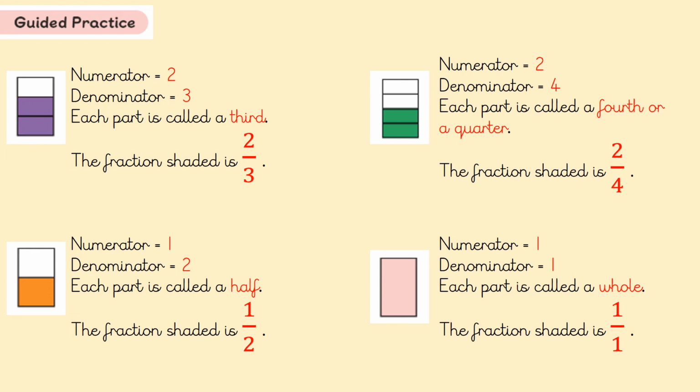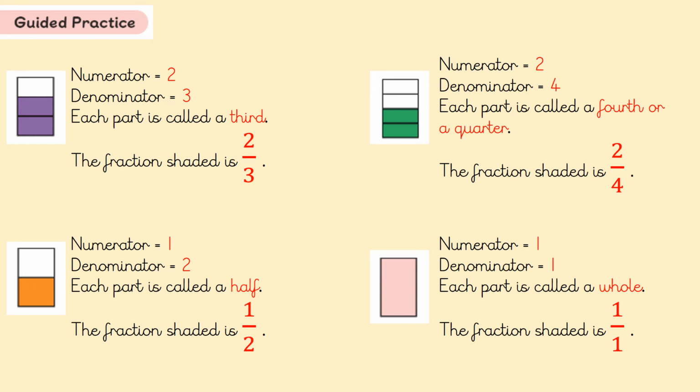We can go to the green shape now. The numerator is 2. We count 2 green parts have been shaded. The denominator is 4. In total there are 4 equal parts, so it's part of the fourths family or the quarters family. So the fraction that's been shaded green is 2/4.